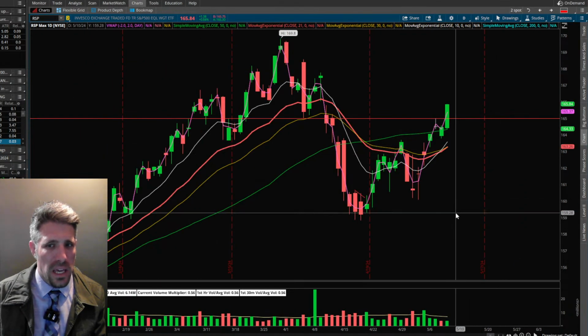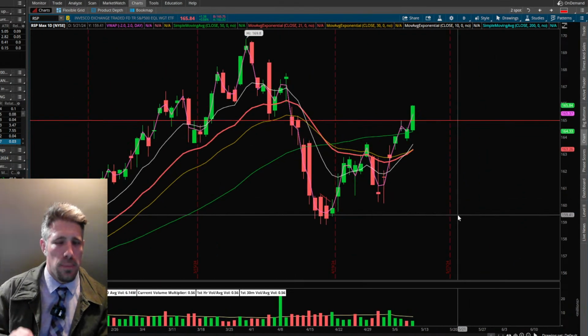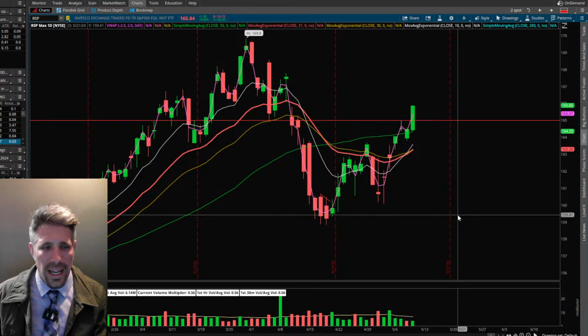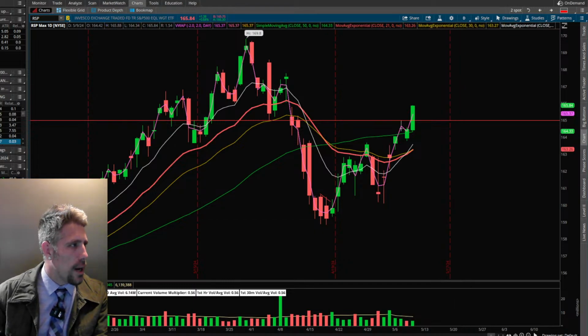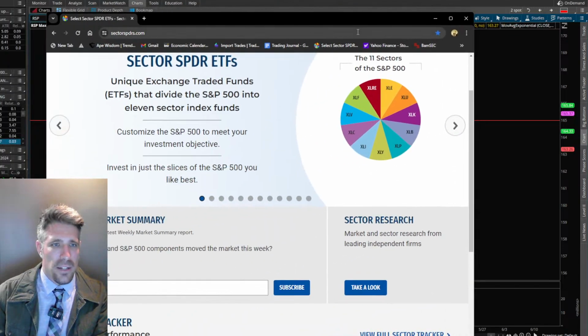Now, RSP, why do we look at the RSP? Because the RSP is the equally weighted S&P 500. You need to understand, the S&P 500 has many ETFs within it. We could even bring this up for you. This is the Sector Spider ETFs.